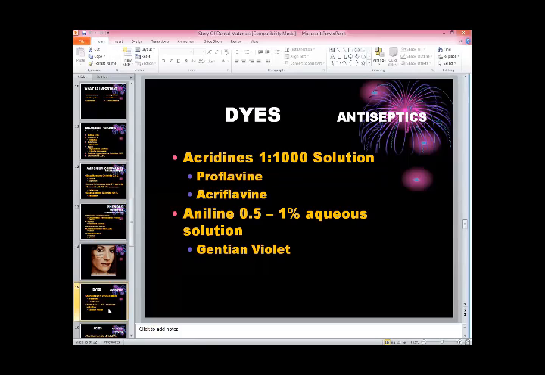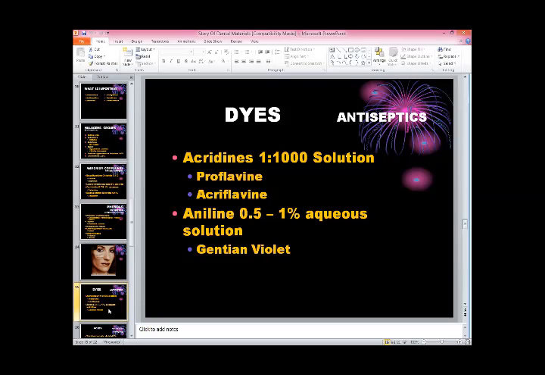Acridine 1 into 1000 solution. This is a very good dye having an antiseptic quality. And you know this aniline solution, gentian violet, we are using in mouthwashes, killing the bacteria, and as a disclosing agent.